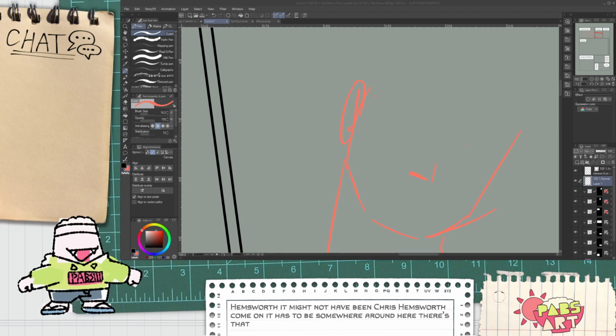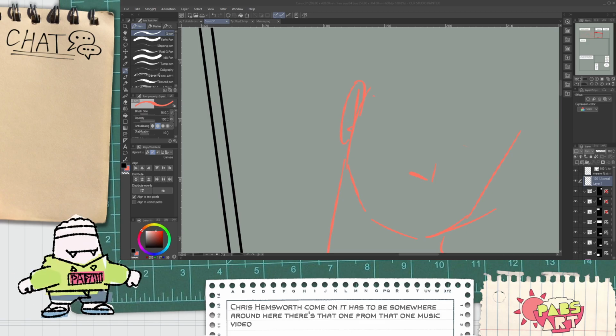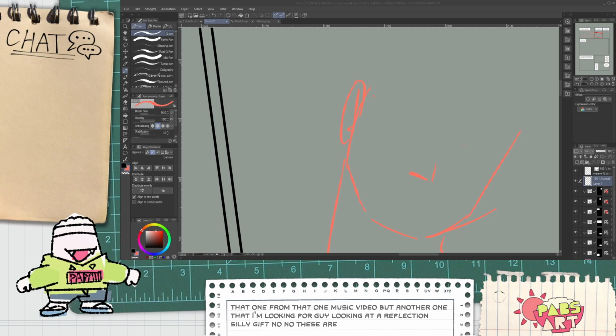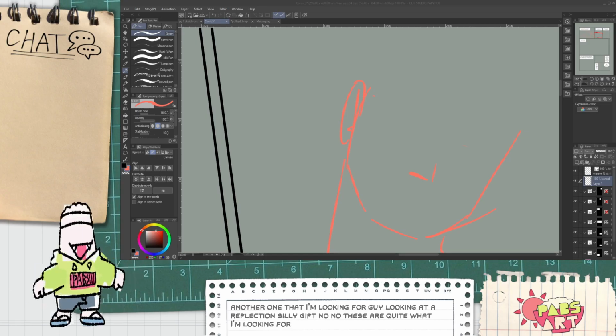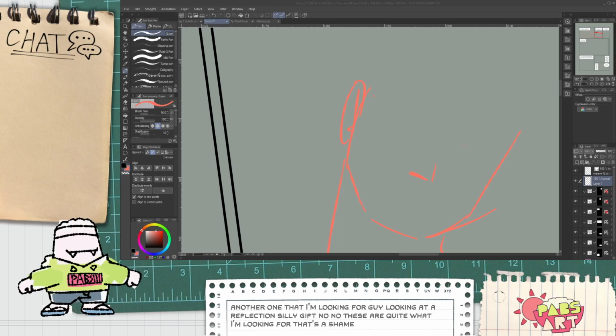There's that one from that one music video, but not the one that I'm looking for. Guy looking at reflection silly gif. No, none of these are quite what I'm looking for. That's a shame. Guy looking at tiny reflection. This is not improving. There's even one from Mulan.